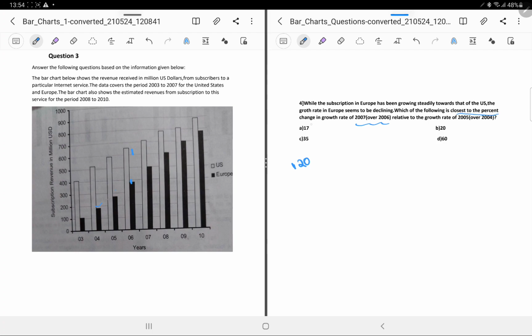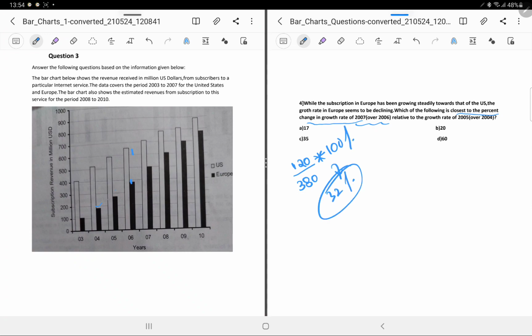Closest to the percent change in growth rate of 2007 over this. So 120 was the increment. Initial value was 380 into 100. So this would come to about 32%.